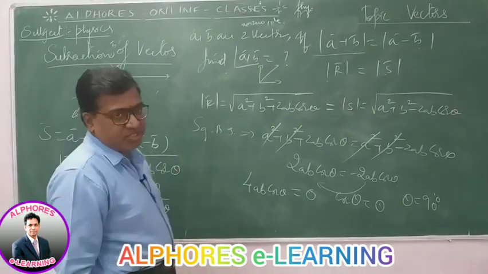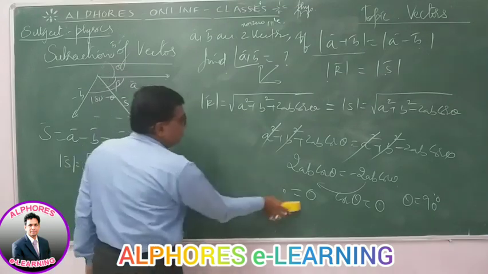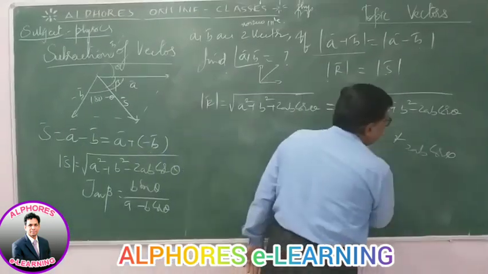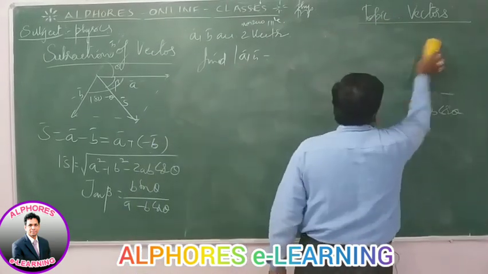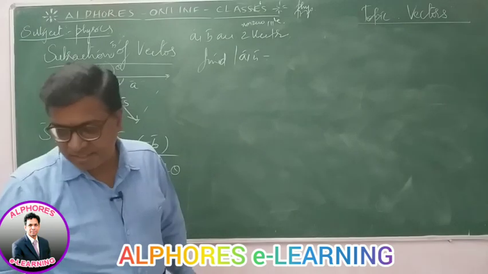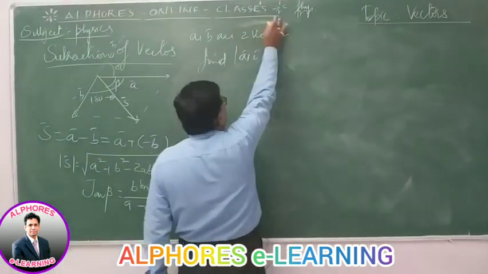Very important question. Right? Now suppose the same question is asked in the other way. Look, the question is slightly changed. A bar and B bar are two vectors, not non-zero vectors.